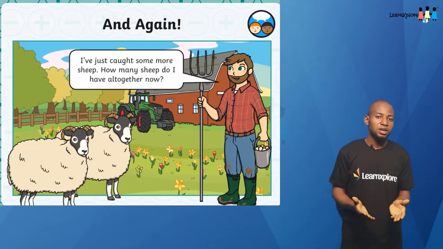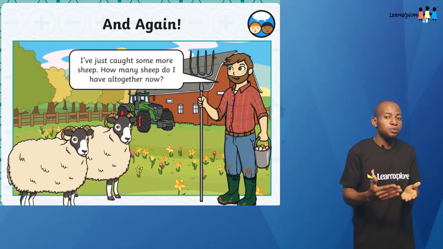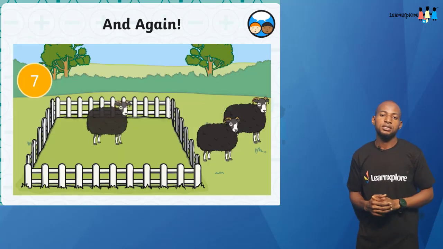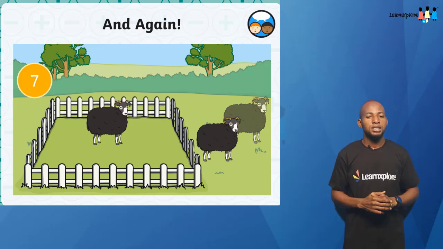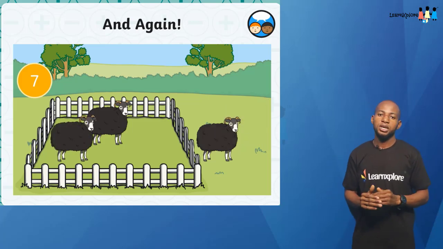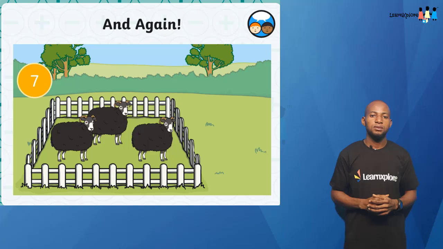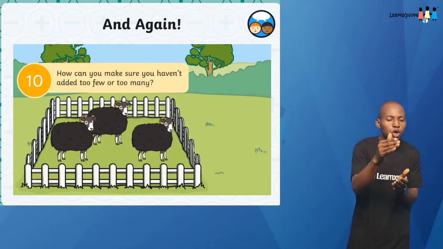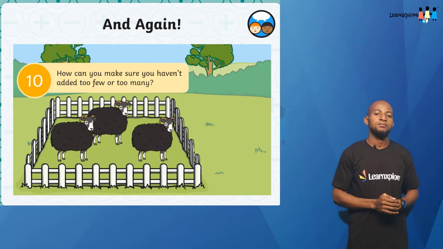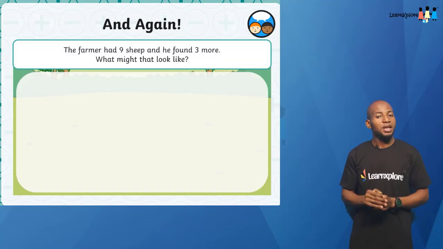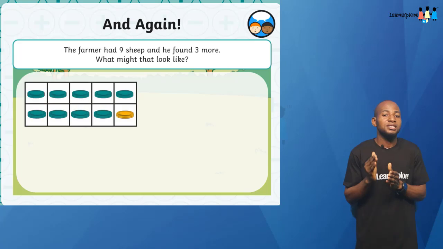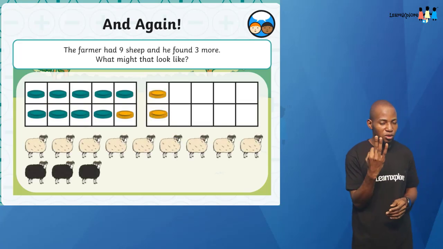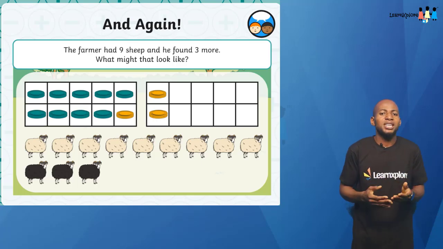Can you help him by counting on as the sheep go in the pen? 8, 9, 10. How can you make sure you haven't added too few or too many? The farmer had 9 sheep and he found 3 more. What might that look like?